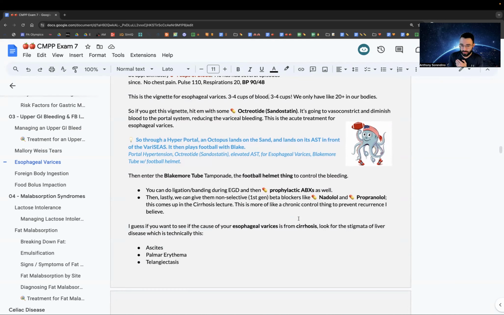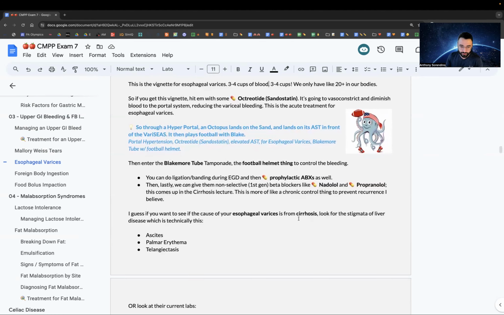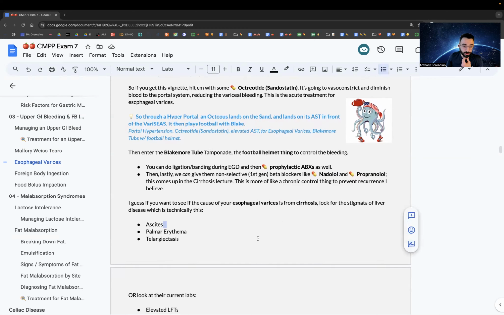And then lastly, and we're going to talk about this later when we talk about varices, and this is for more of a chronic issue, you're going to give them the first generation non-selective beta blockers like nadolol or propranolol. That's going to ease the heart a little bit, and it's just going to lessen the incidence of these bleeds, lessen the pressure.